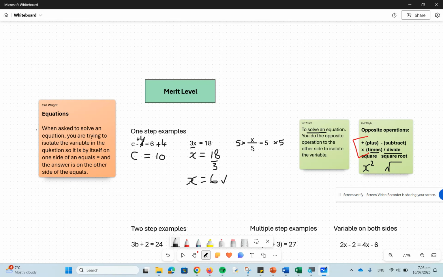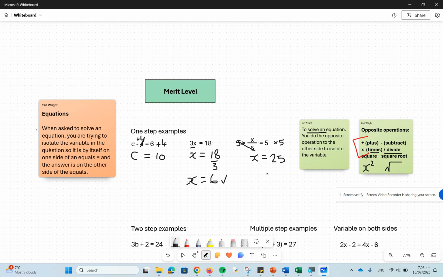So 5 divided by 5 cancels out. It's like 1. And so now we've got x by itself on one side because it's no longer divided by 5 anymore. And you've got 5 times 5, and that means x must equal 25. Of course, you can put 25 there instead of the x and go 25 divided by 5 should equal 5.